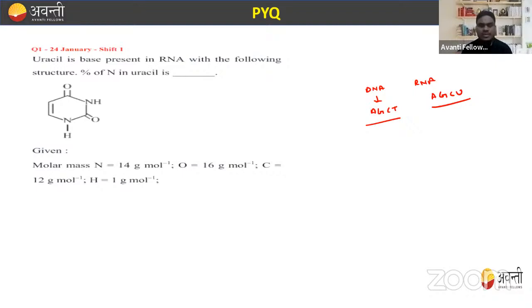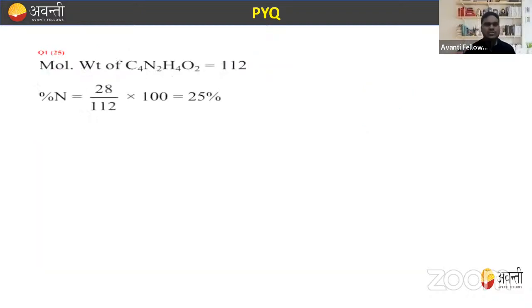By doing this, we can calculate the percentage of any element in a compound. Here the molar masses of nitrogen, oxygen, carbon, and hydrogen are given. So we can calculate the molar mass of nitrogen and the total molecular mass of this compound, and by dividing these two and multiplying by 100, we can easily get the percentage of nitrogen. Let's see the solution.